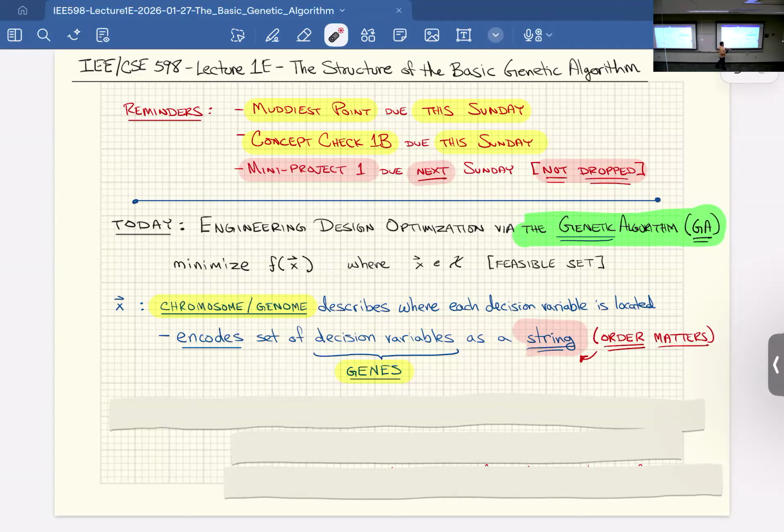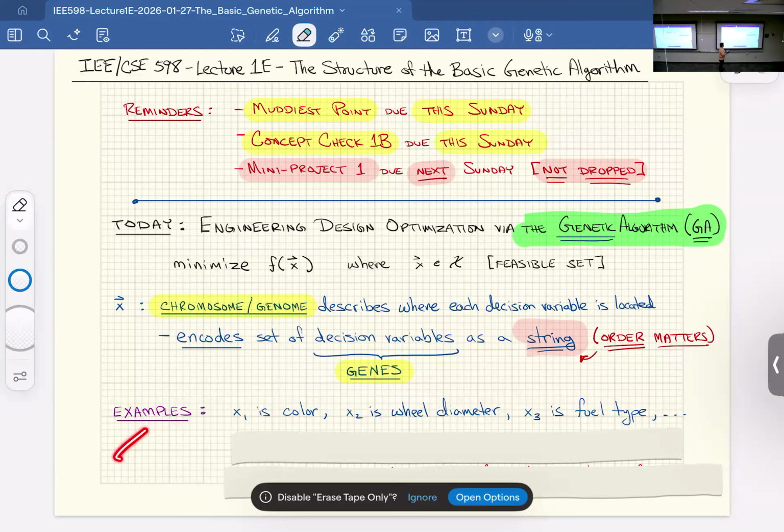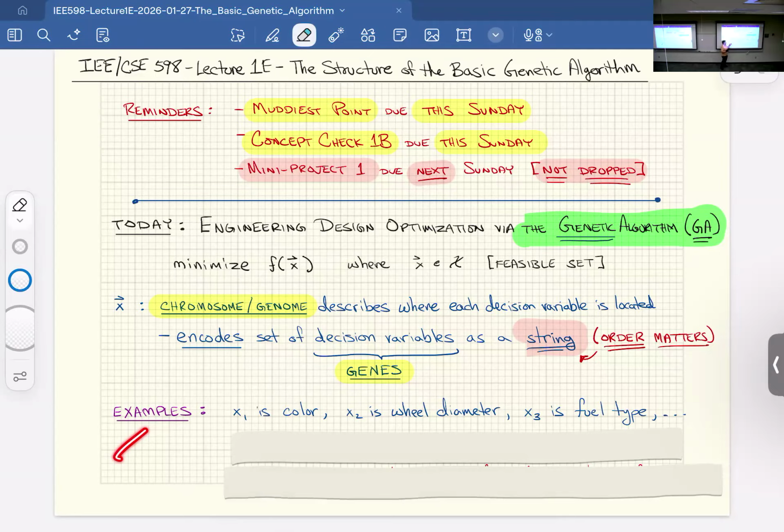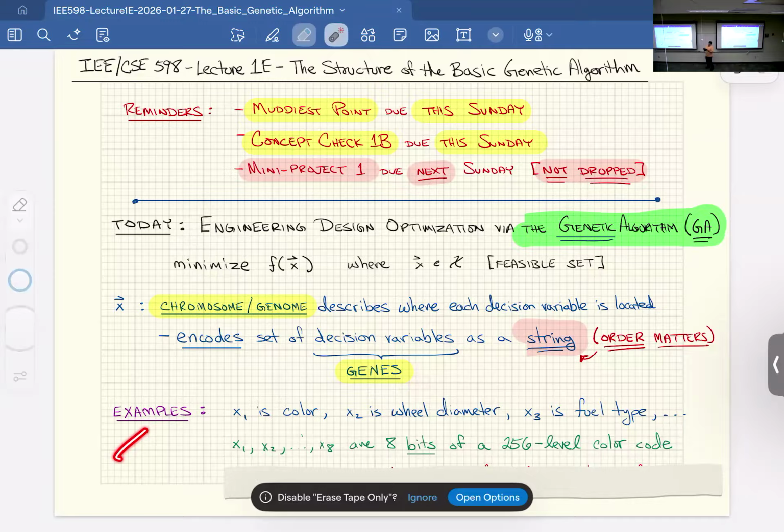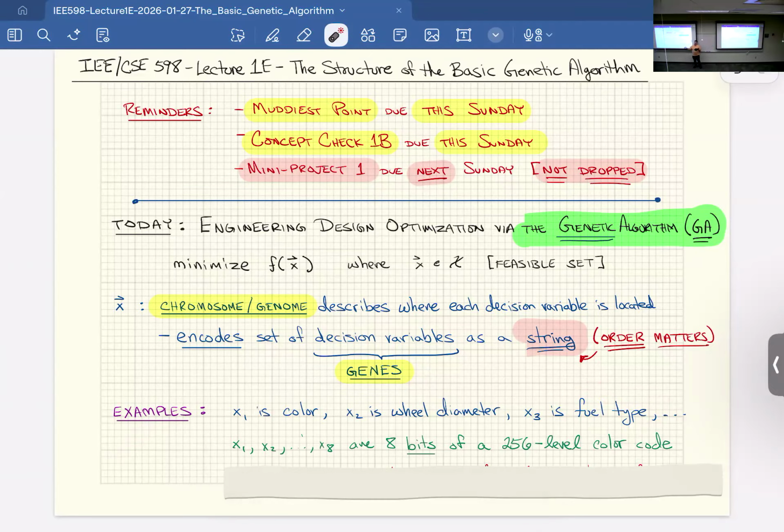And that crossover is set up by everything being located as this string. And so that is one key differentiator here. So for an example, say I'm designing a car, so I might have my vector with x1 might be color, x2 might be wheel diameter, x3 might be my fuel type, but I might do a very different encoding where even this color might be broken up into its binary digits, its bits.